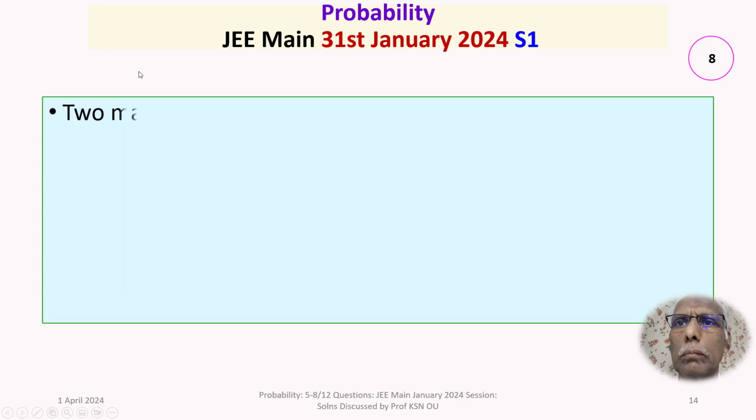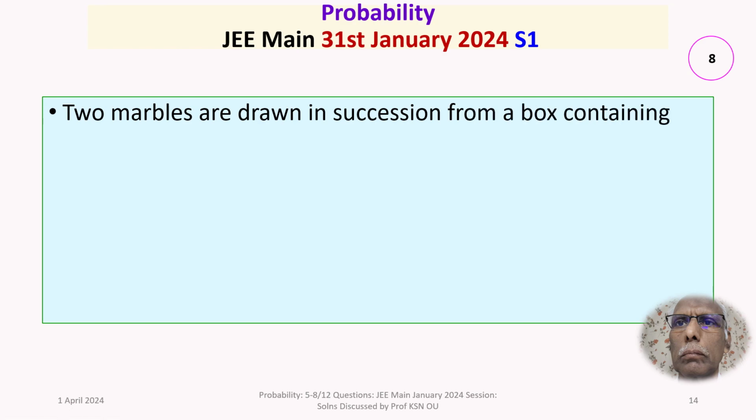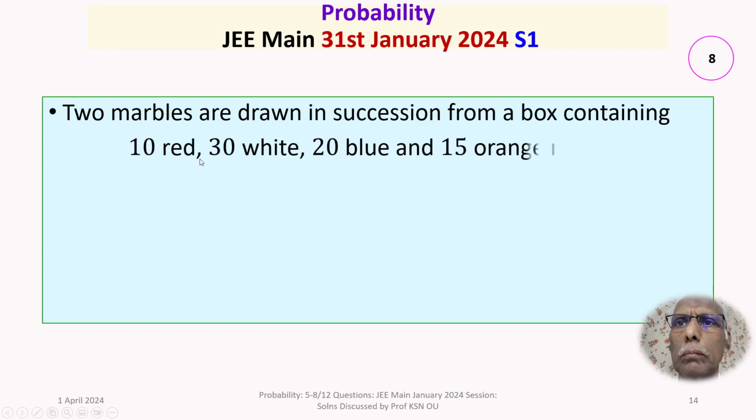The given question is: 2 marbles are drawn in succession, that means one after the other, from a box containing 10 red, 30 white, 20 blue, 15 orange marbles. So how many total will be? 10 plus 30, 40, plus 20, 60, 60 plus 15, 75 are there in that box.